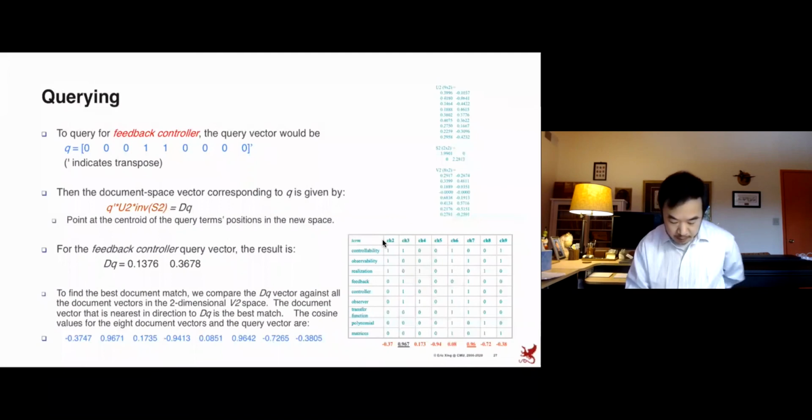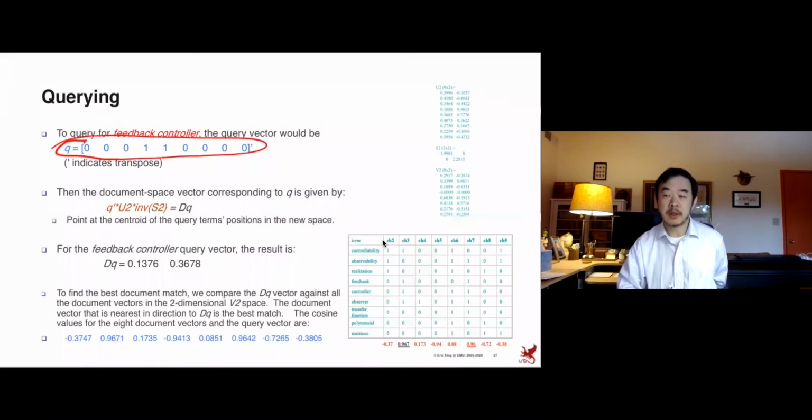For example, I have a query which leads to the following original word embedding, the bag-of-words representation. Then you can multiply this Q vector with the U matrix. Remember, the U matrix now has only two major eigenvectors.